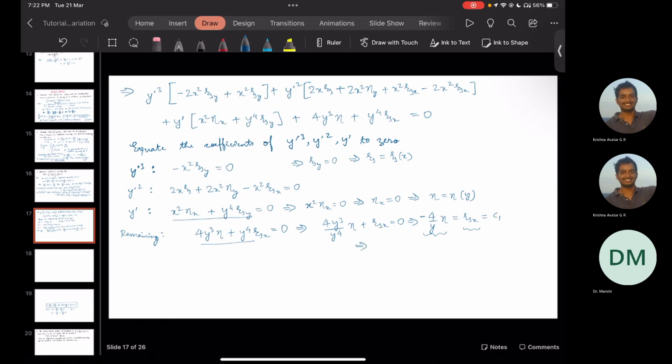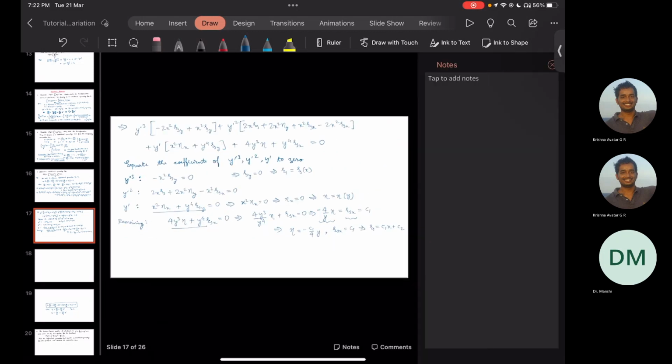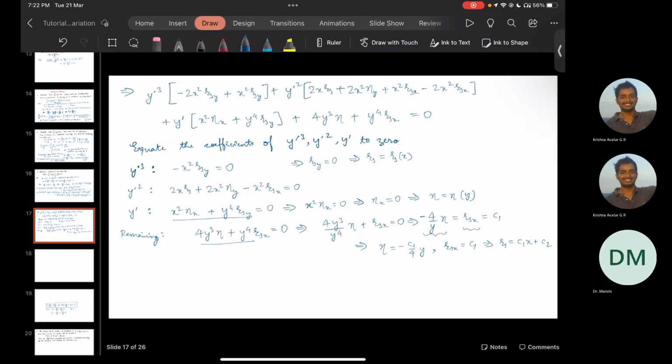So then this implies that eta is equal to minus c1 by 4y and xi x is equal to c1. Now, upon integrating it, we'll have xi is equal to c1 x plus c2. So we have the constants c1 and c2, which need to be determined.